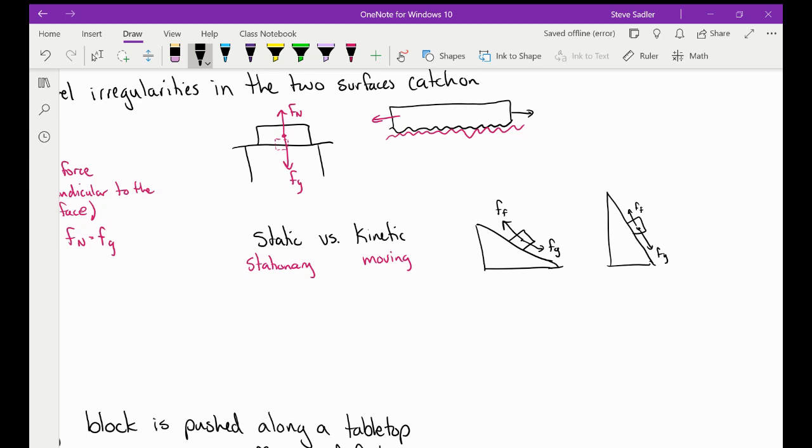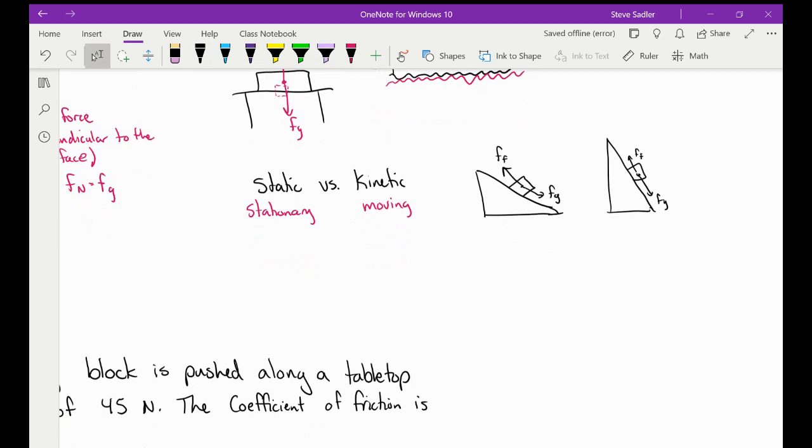The static friction is larger than kinetic. And that's the same with the mu. So there's actually sometimes two different coefficients of friction, and the static one is always a little bit bigger than the kinetic one.